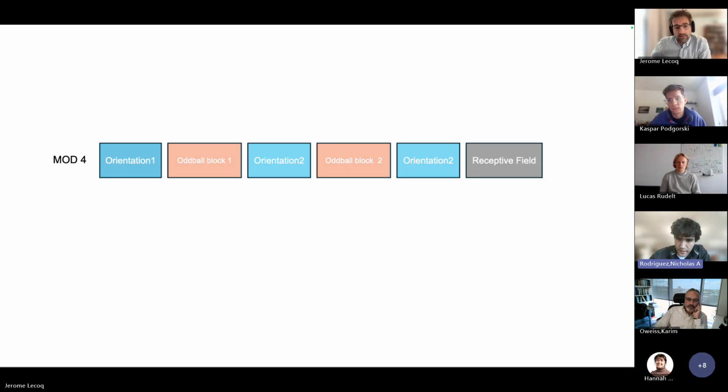I think actually Yuji has begun some analysis of that, where she was trying to apply DPCA to the oddball block to look at how responses evolve over time. But yeah, I can certainly look at that and do a complementary analysis to what Yuji is doing.